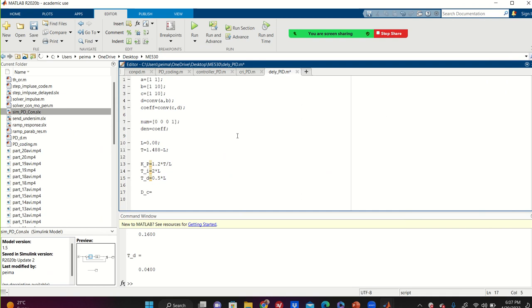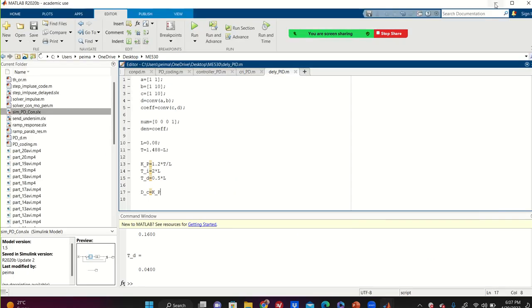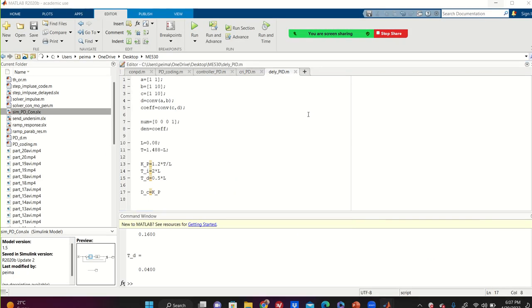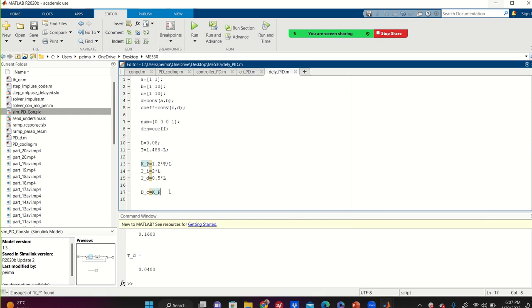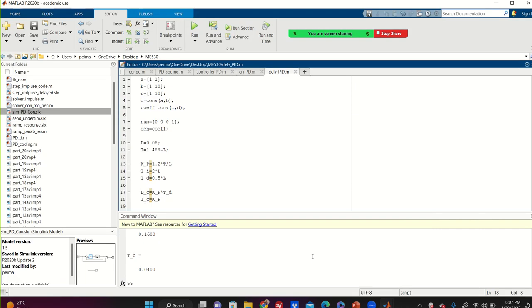The derivative coefficient is finally going to be Kp multiplied by Td, and the integrator coefficient is going to be Kp divided by Ti.